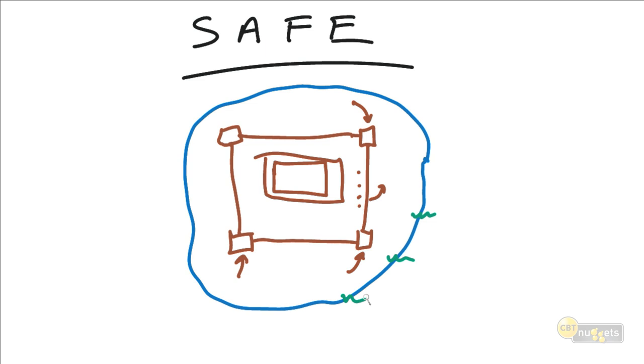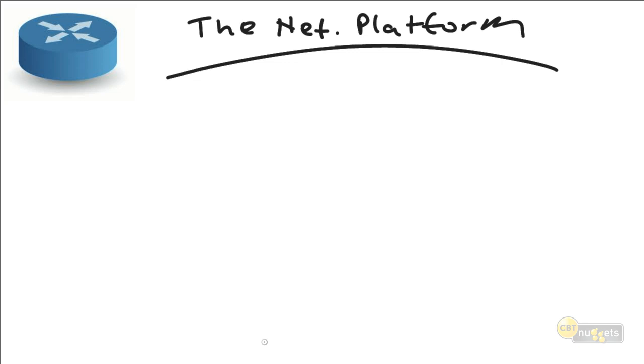Let me give you an example here of the first layer of defenses we can have in our network architecture. The first layer of defenses? The network platforms themselves. Sure, we know Cisco is in the business now of selling integrated service routers. What's one of the services that these routers provide?